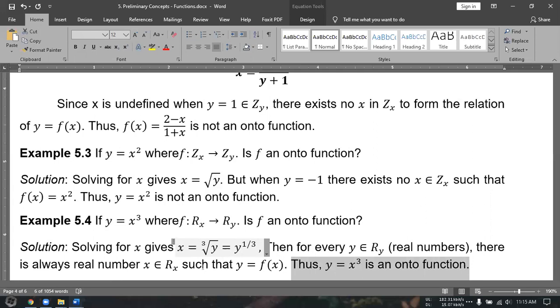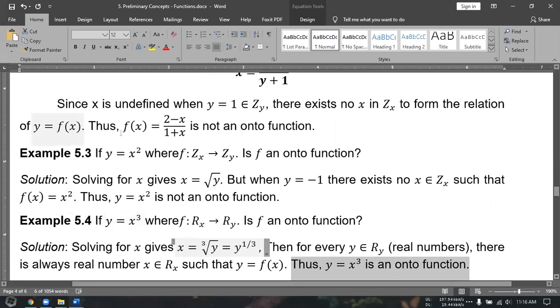So, by observing our given examples, we only get a not onto function if we have a radical function or a rational function in terms of x, upon isolating x. Or actually, not necessarily isolating x, just by observing the given function.